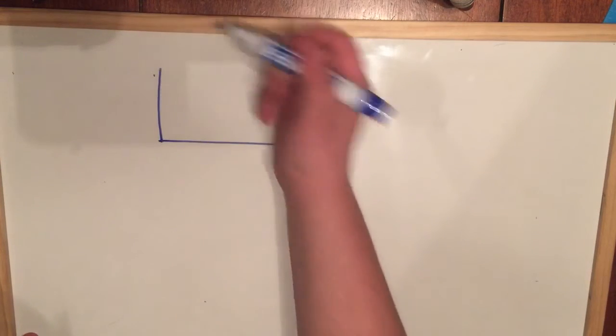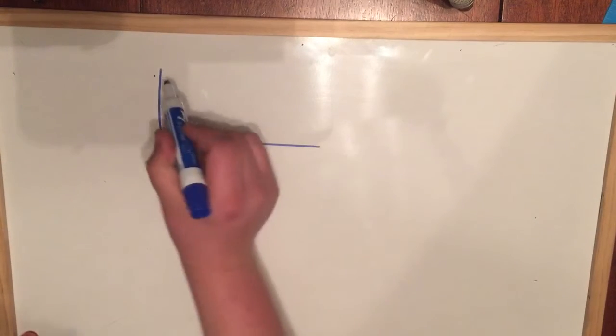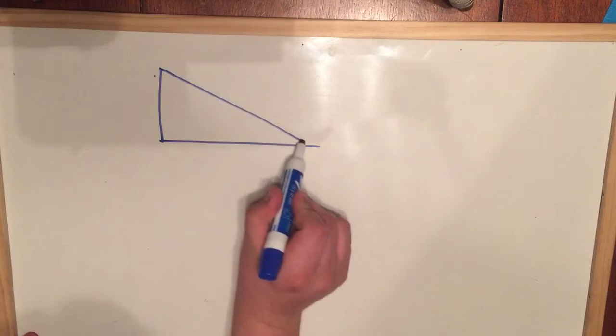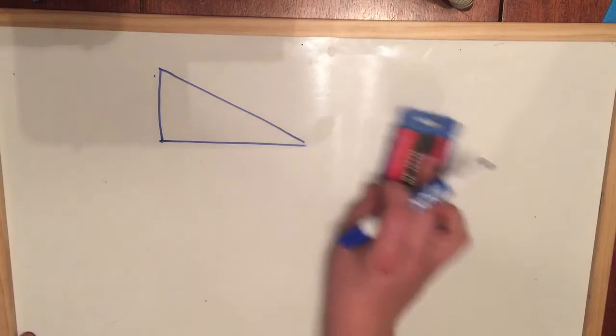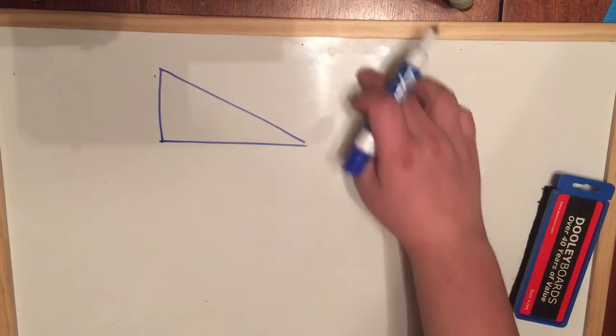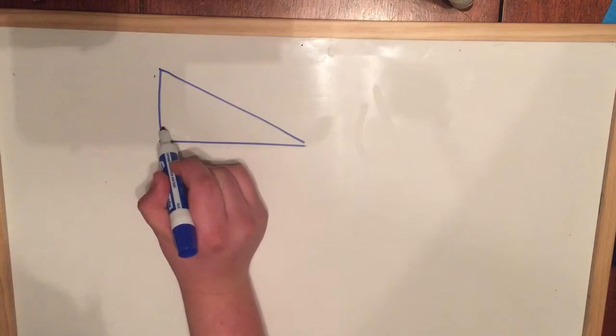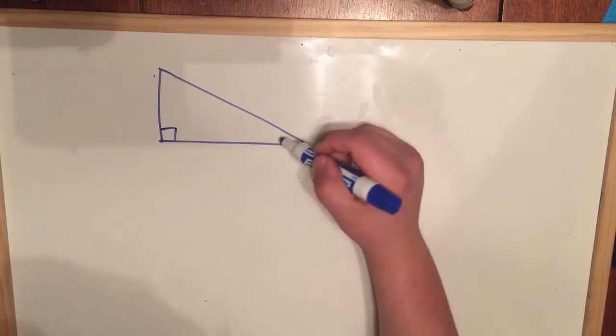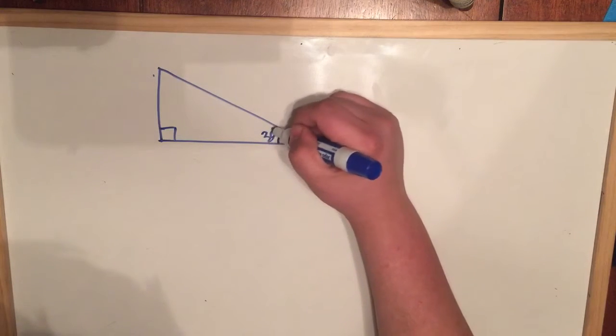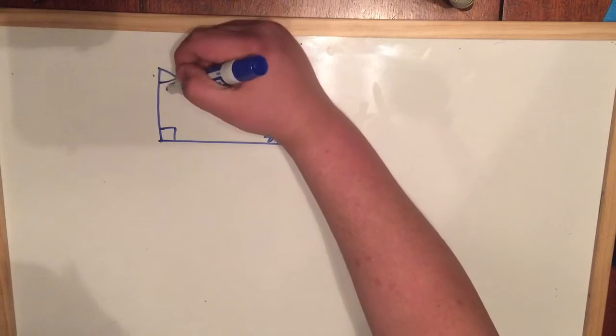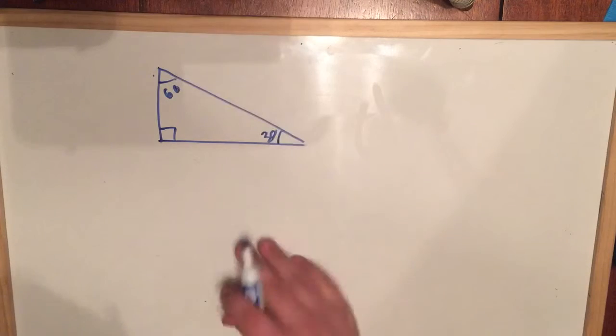Now, sometimes in geometry they're going to represent a triangle without proportionality, and they're just going to give you what looks like a 45, 45, 90 triangle, which I'll get to later, and they're going to give you a basic one. So this one's going to be the 30 angle, and this one is going to be 60.